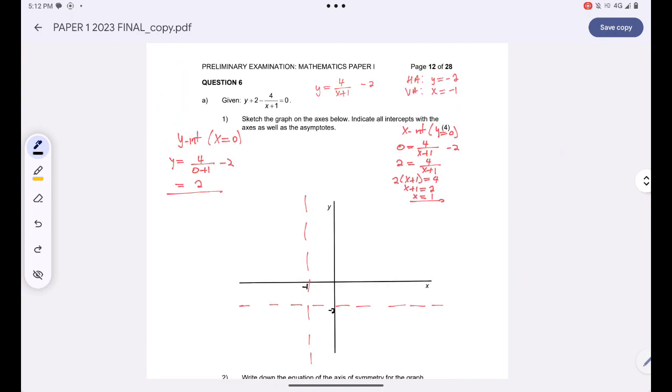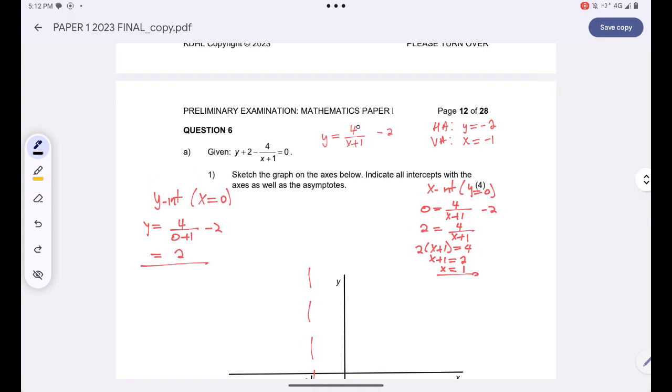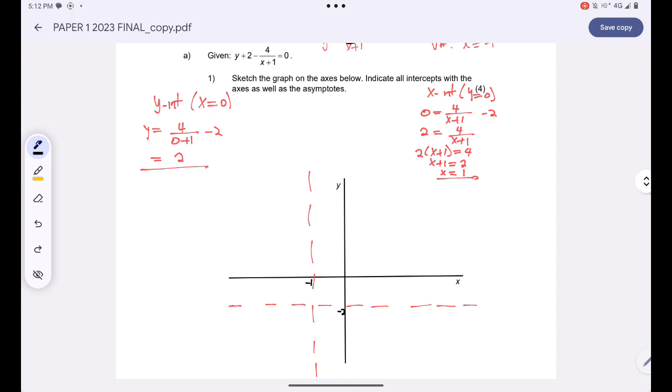If you can check over there, the value of a is positive. That simply means my graph is on the first and third quadrants of my asymptotes.